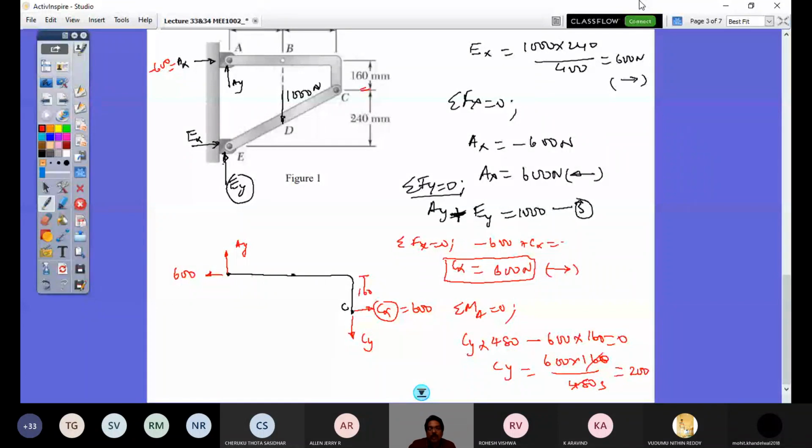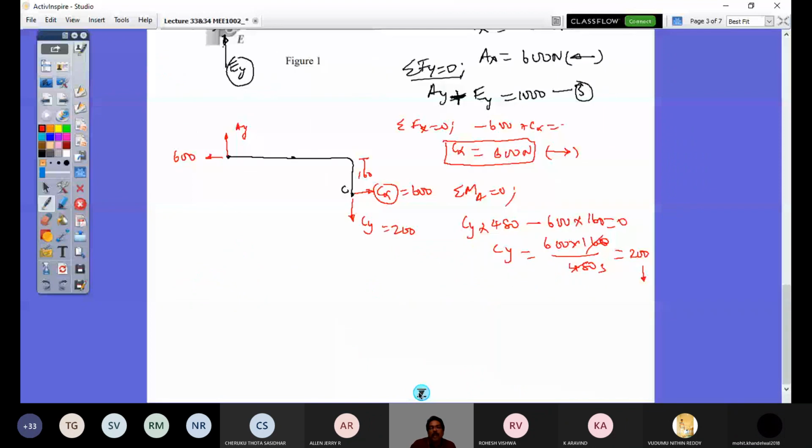So now this Cy is 200, and therefore Ay I can get from this diagram itself by applying the vertical equilibrium equation, sigma Fy equals 0. I have here Ay minus Cy equals 0. So Ay equals Cy equals 200 Newton, and Ay acting upward. So I have now Ax 600 Newton and Ay 200 Newton, and I have to get Ey.